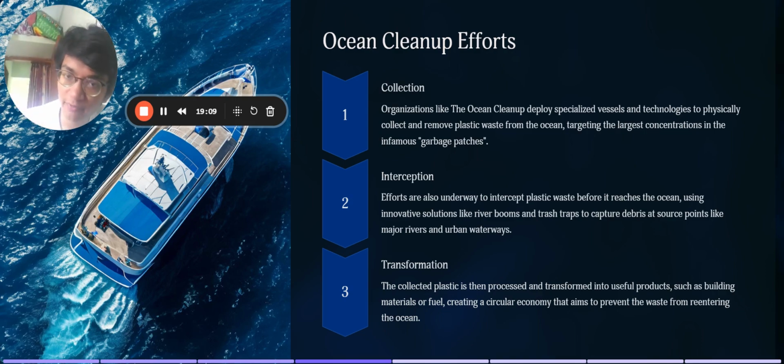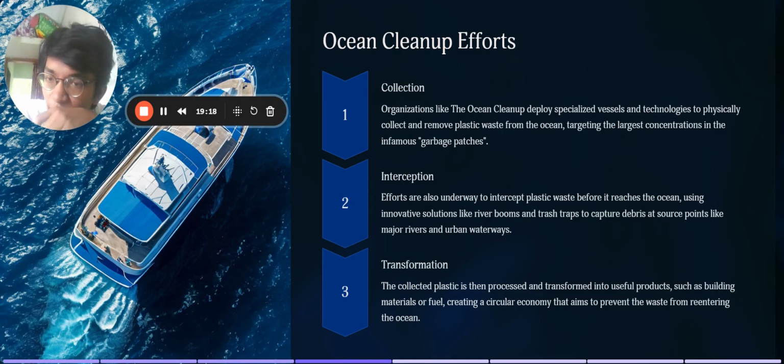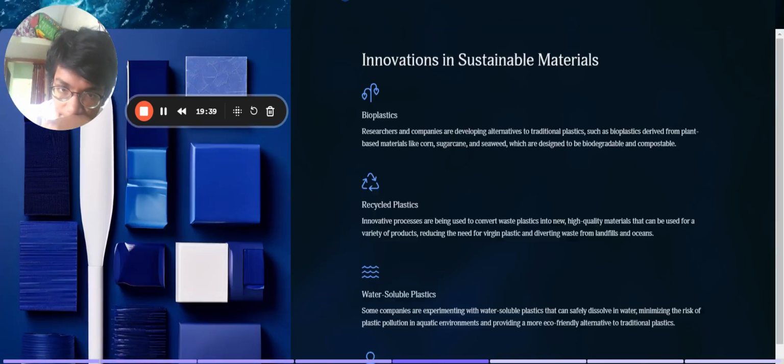Instead of developing more bricks, we can use it and make existing bricks, and that way of making bricks would be actually more efficient, because houses are not going anywhere, right? This will create a circular economy, a recycled approach, that aims to prevent the waste from entering the ocean.